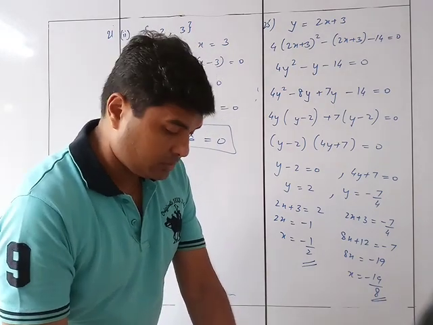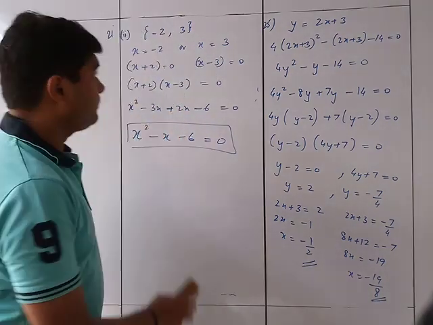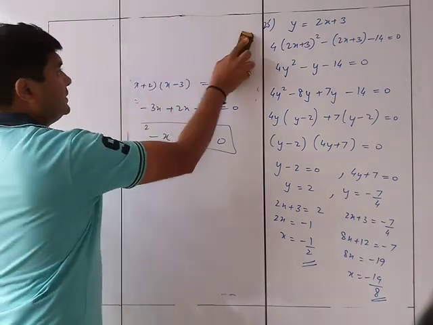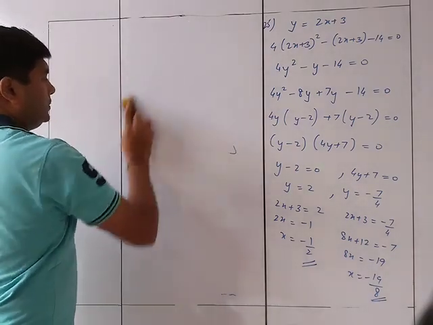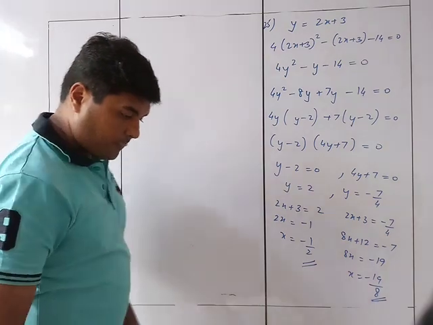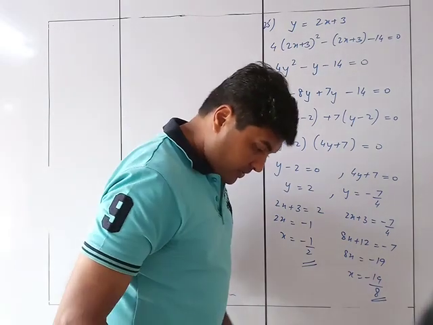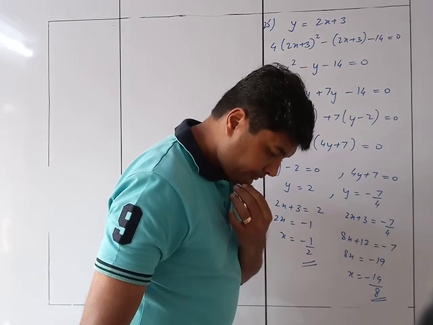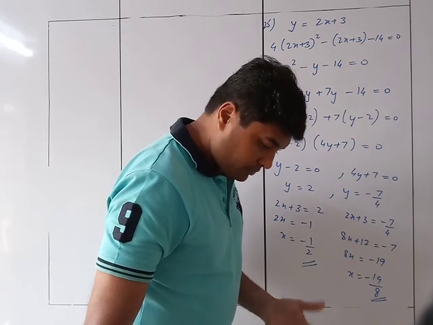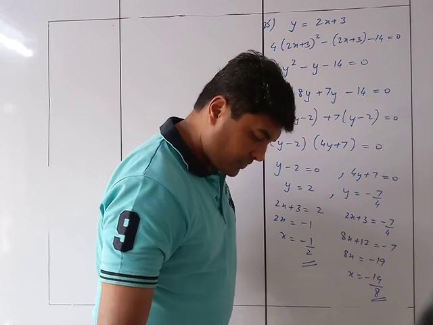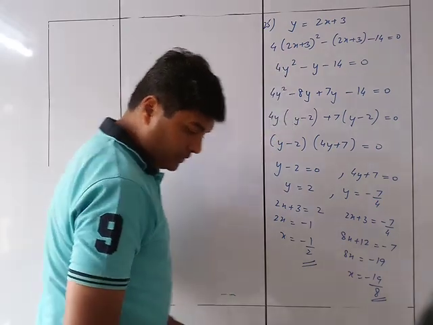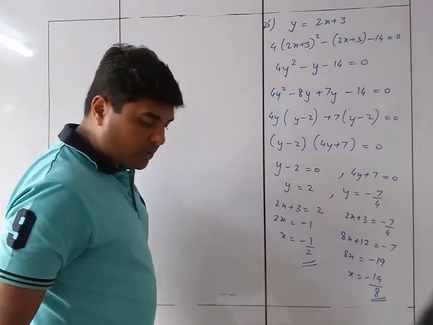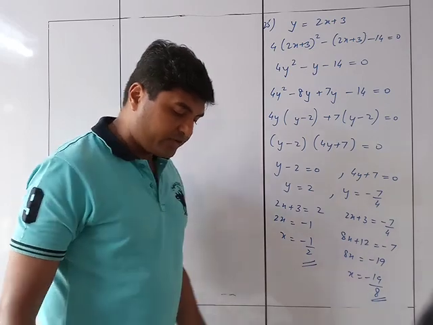Okay, so that was the 25th question. Now we move further. Okay, let's take it as 28. The 28th question is: if x equal to 2 upon 3 is the solution of the quadratic equation, find the value of m.